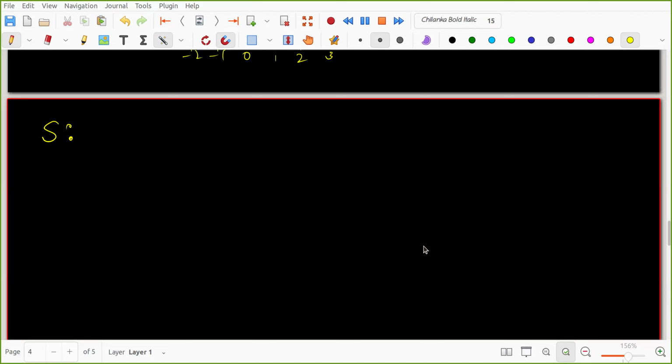For every real number, there exists a natural number which is bigger than the real number. Exactly. So this is precisely what we were doing, right? We were taking a real number, and for that real number, we were finding one natural number bigger than this.